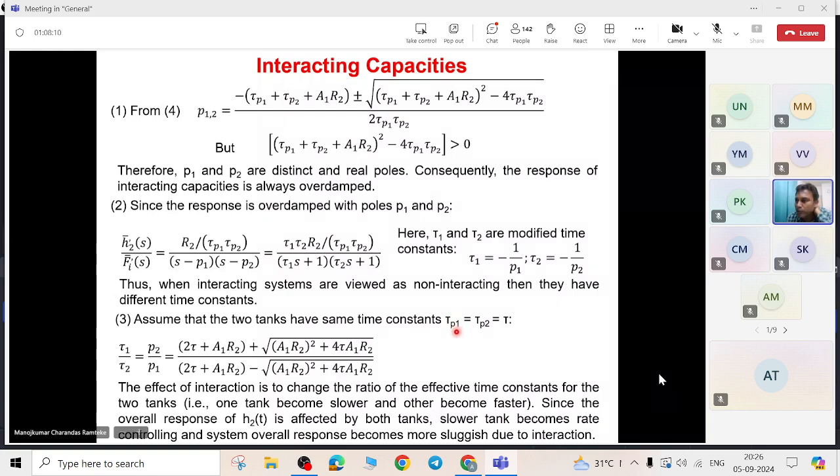If I operate system 2 as a single system, then I'm going to get the time constant tau p2. But if I arrange both these systems in an interacting manner, my time constant will not be tau p1 and tau p2. Instead of that, I am going to have the time constants tau 1 and tau 2. Is it clear? Yes, sir.